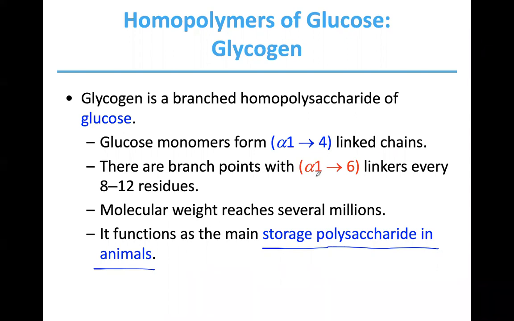So every 8 to 12 residues, they'll be an anomeric position linked to carbon 6 of perhaps the same glucose. So the glucose that has position 4 linked to a branch, position 6 of the glucose can be linked to a branch, right?